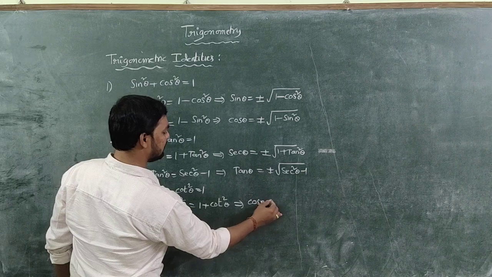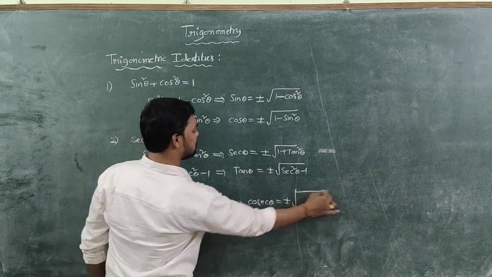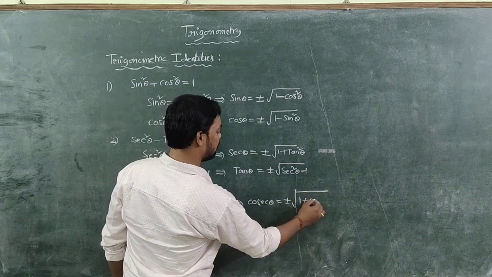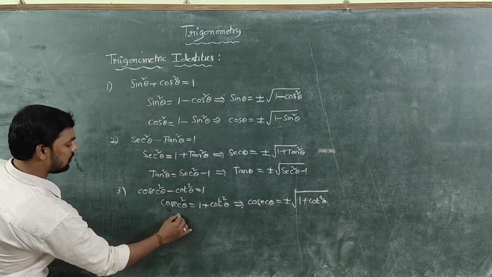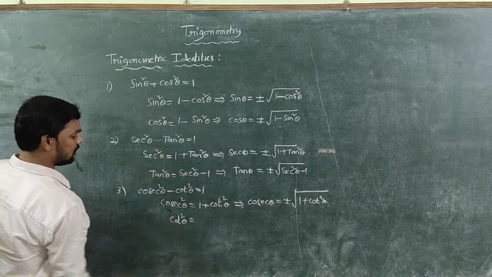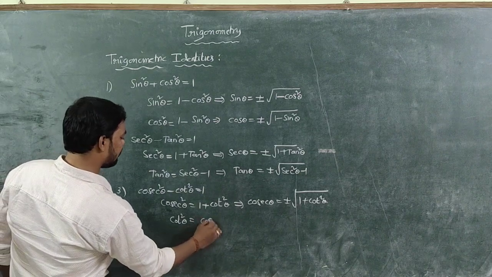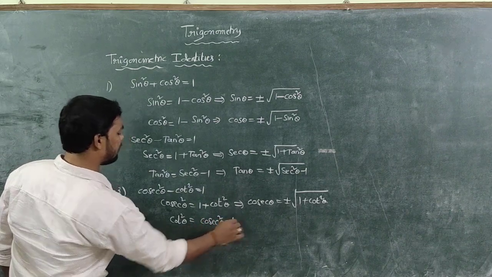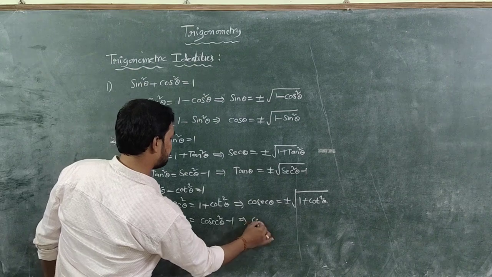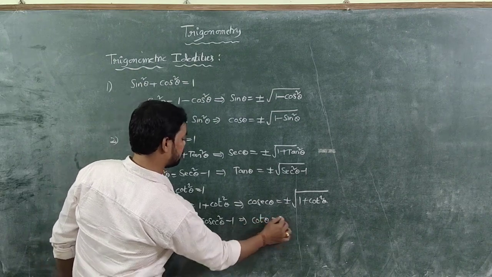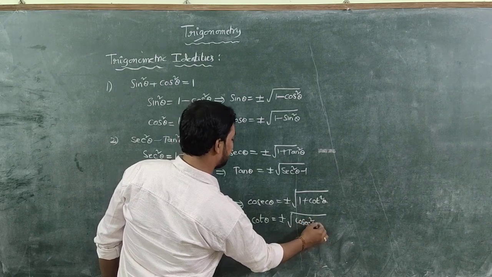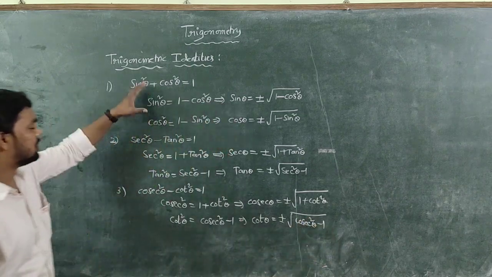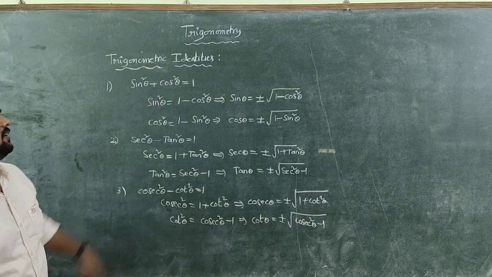Also cosec theta is equals to plus or minus root of 1 plus cot square theta. Cot square theta is equals to cosec square theta minus 1, so cot theta is equals to plus or minus root of cosec square theta minus 1. So these are the trigonometric identities.